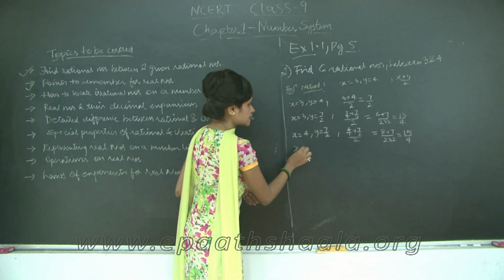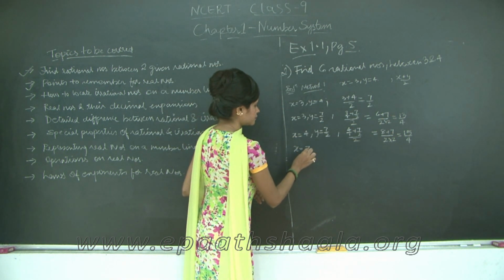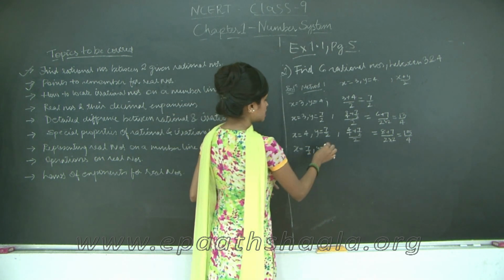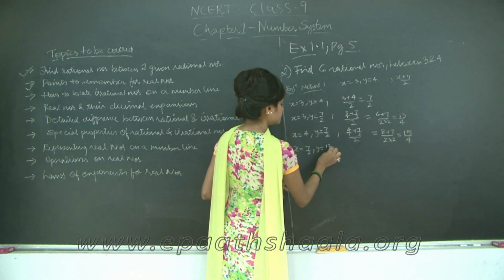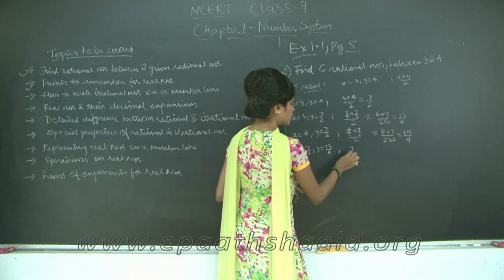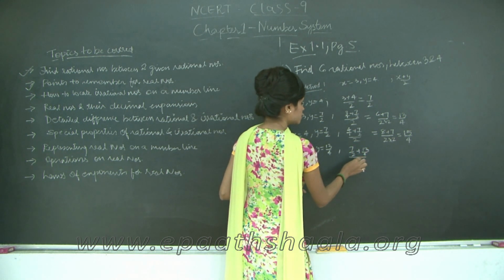So I'll take x equal to 7 upon 2 and y equal to 13 upon 4. What do I get? (7 upon 2 plus 13 upon 4) upon 2.